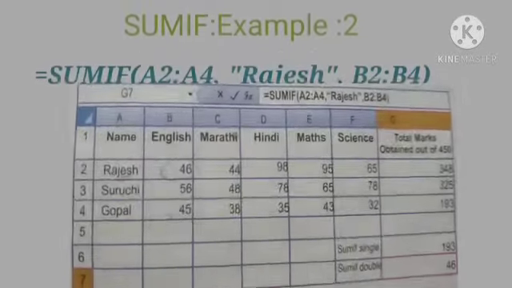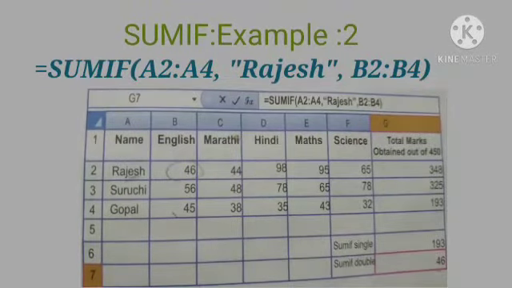Now in example 2, SUMIF function with three arguments, equal to SUMIF(A2:A4,"Rajesh",B2:B4). In this example, only those cells of the B2:B4 cell range which contain the value Rajesh in A2:A4 will be totaled, as given in the figure.